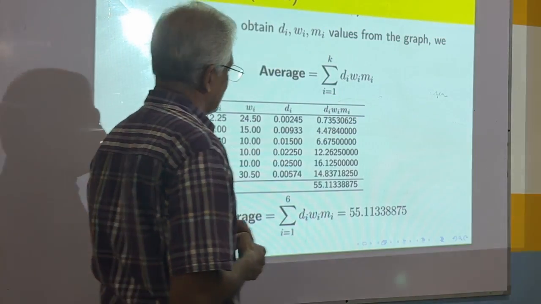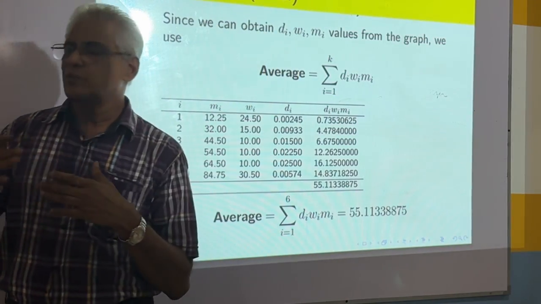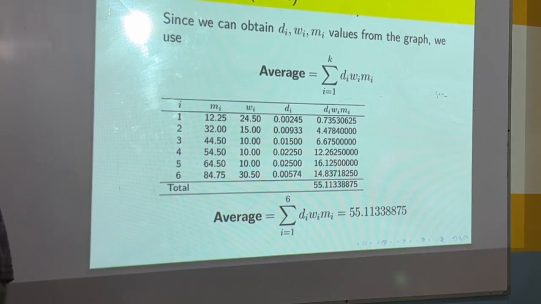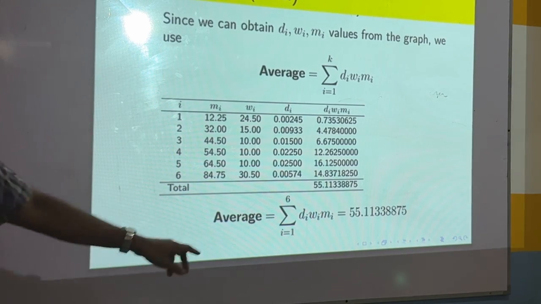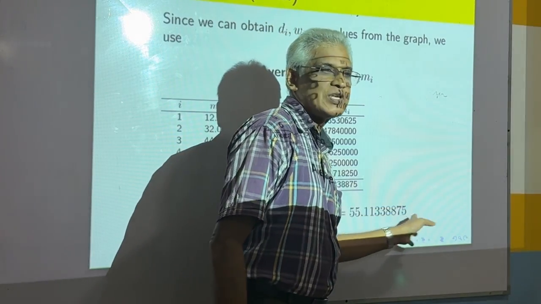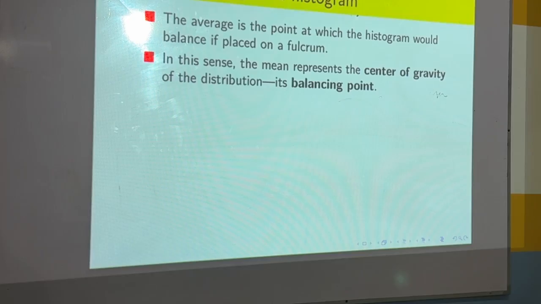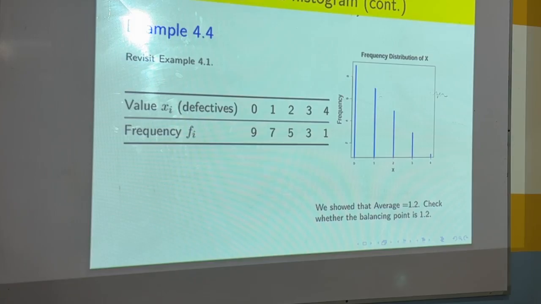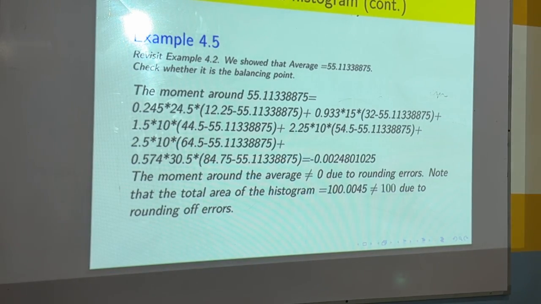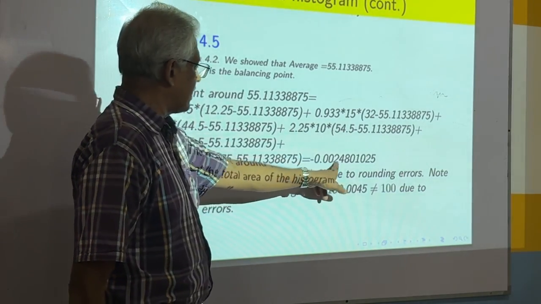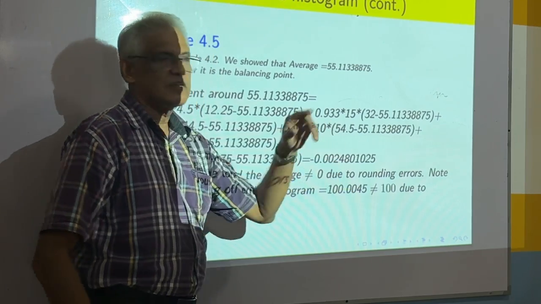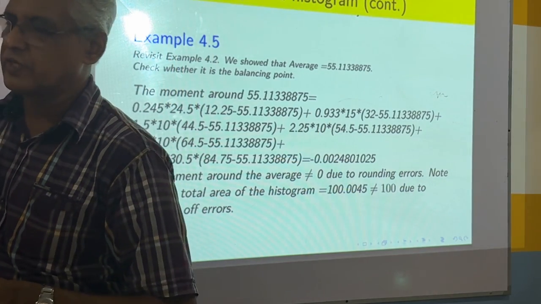Even if I use this number, still the moment around this point is not exactly 0 because this is not ending here. There are more decimal places actually when you do the calculations. There are some rounding off errors. But if you find out the moment, you can show that the moment is very close to 0, not exactly 0. It is different from 0 because of the rounding off errors.